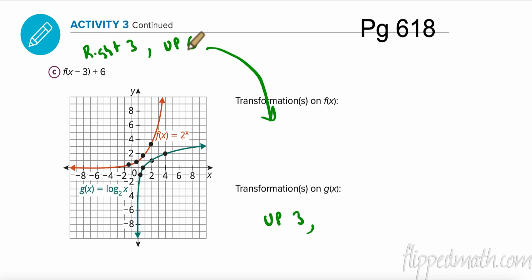And up 6, y becomes x, right 6. Let's try it. So this is right 3. So 1, 2, 3. And then up 6: 1, 2, 3, 4, 5, 6. So that point is 3, comma 7. So we should have a point at 7, comma 3.